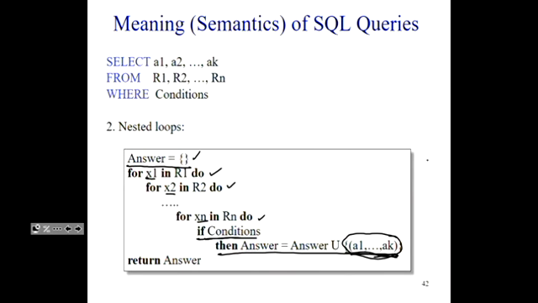Certainly this could be fairly expensive if you have, let's say, 20 different relations listed in the from clause. But even though I've logically told you this is the order in which these tuples are evaluated, there are convenient ways to reduce the amount of computation. For instance, let's say there was a condition in the where clause which said R1.ID is equal to 100.